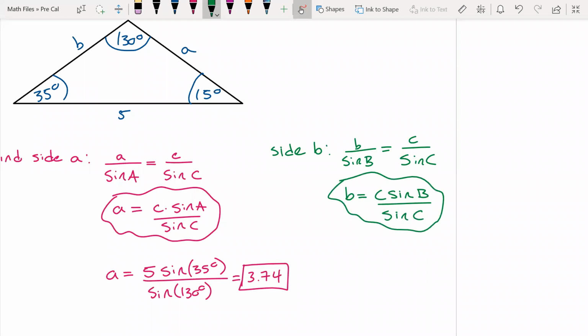That's a formula for side B. And just plug in what we know. 5 times the sine of 15 over the sine of 130. All right. And type this in. We'll get that side B is 1.69.